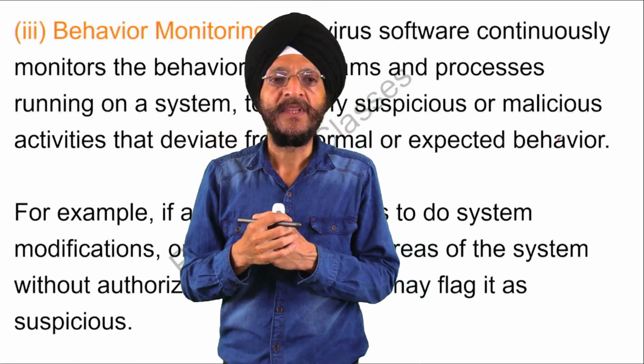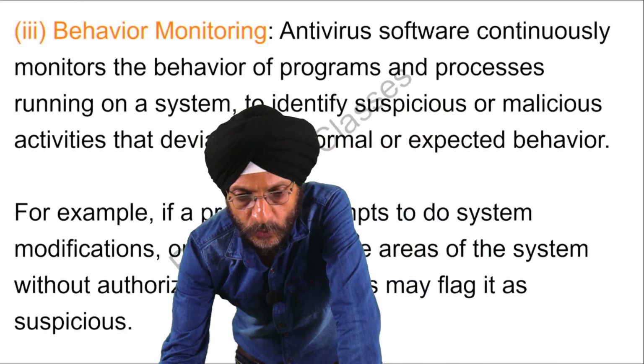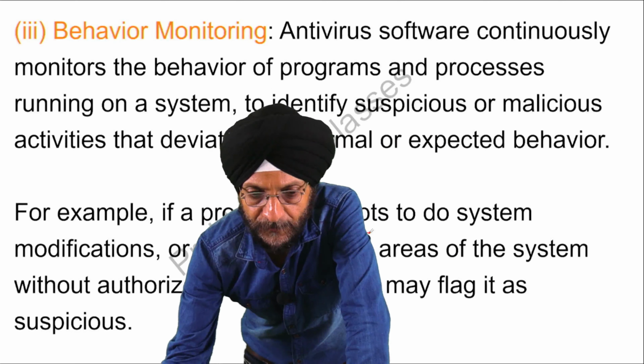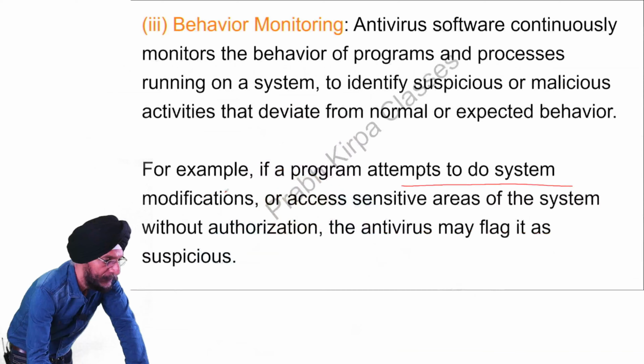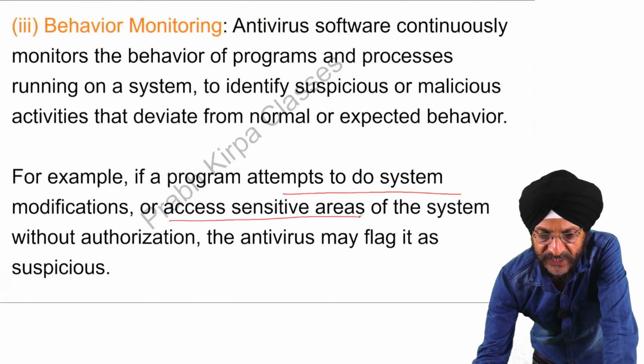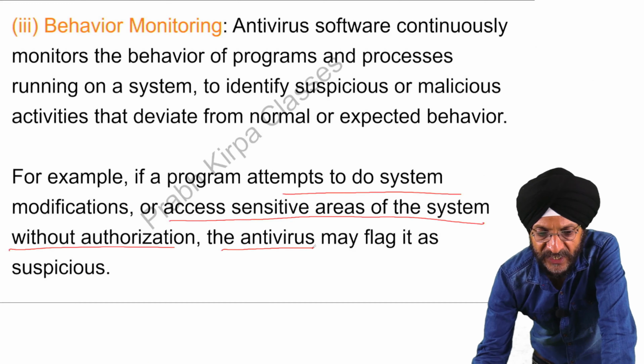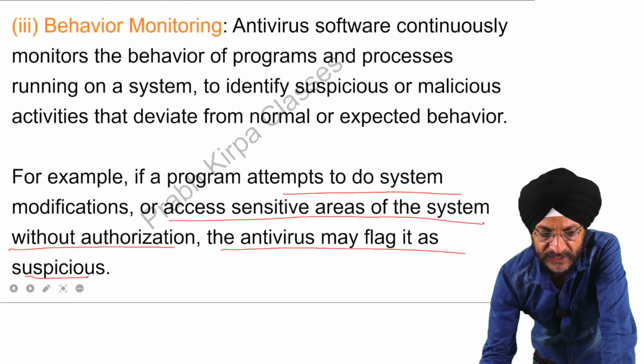For example, if the program attempts to do system modification or the program tries to access the sensitive areas of the system without authorization, the antivirus may flag it as suspicious.